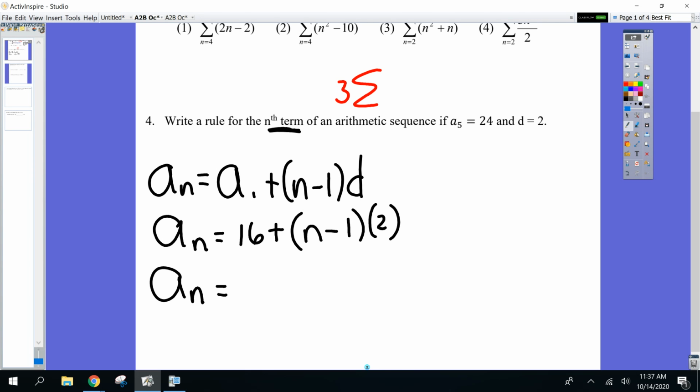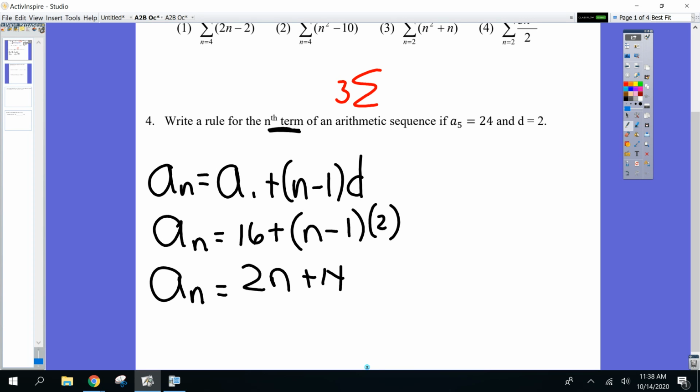And then disaster. 2n plus 12. I'm still doing 14, that's why. 16, so it'd be 2n plus 14. There you go. All good? Any issues there?